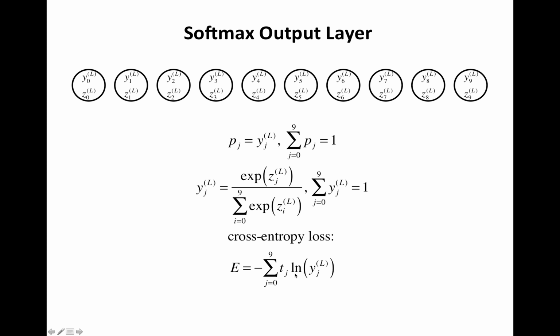And because you are also taking the log here, all the yj are going to be smaller than 1. Because it's a probability, the summation is equal to 1, and every number is positive, so every yj is going to be smaller than 1. A natural log of some number that's smaller than 1 is going to be a negative number, right?